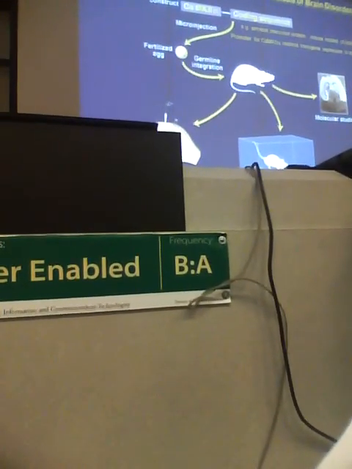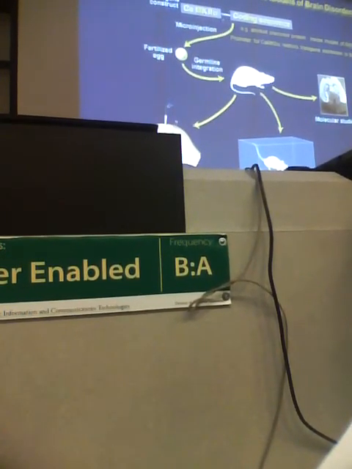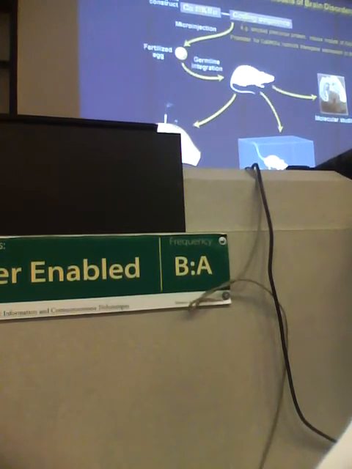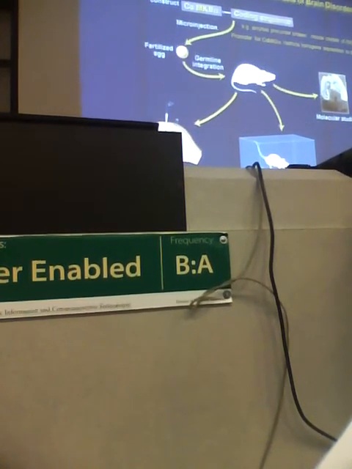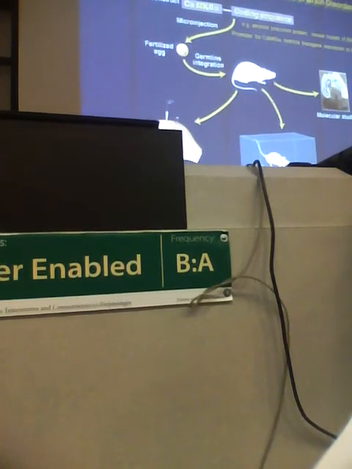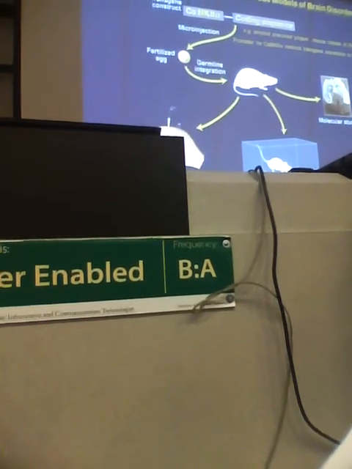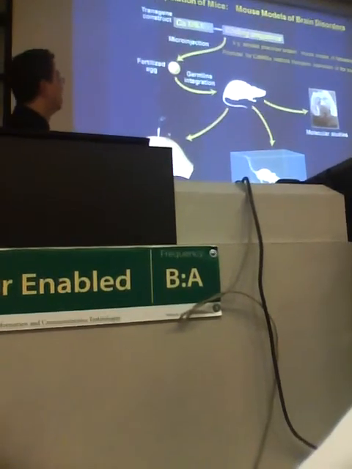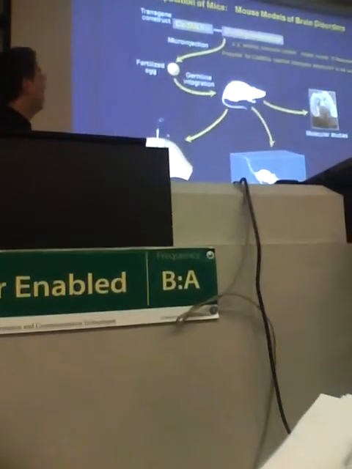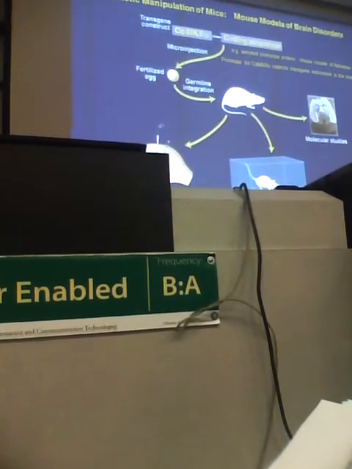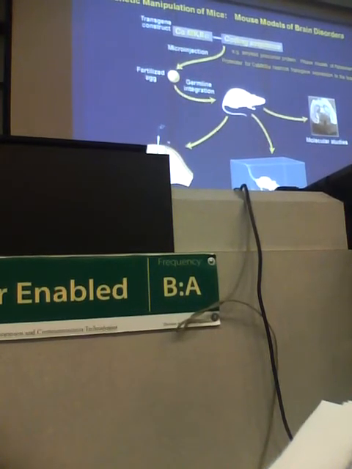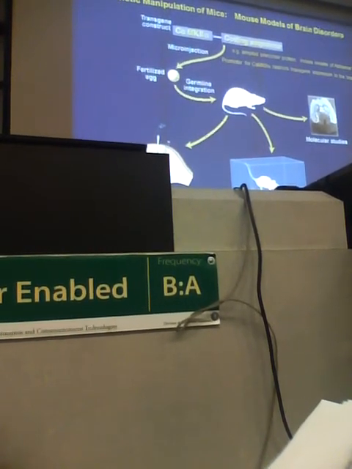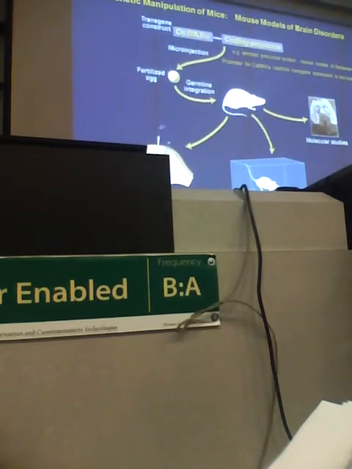So if you attach the promoter of that subunit upstream of your gene of interest, and then inject fertilized eggs with that transgene and reimplant these fertilized eggs into the uterus of the female mouse, some of its offspring will carry the transgene and will express the transgene only in brain tissue. Other offspring will be wild types without the transgene.